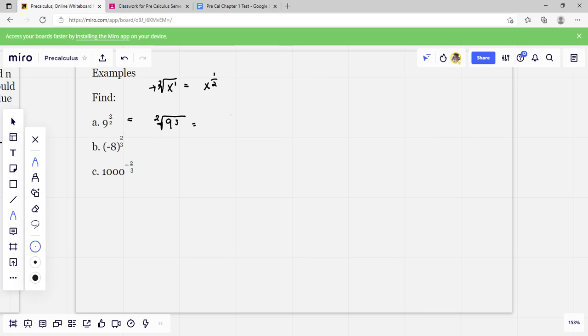If I multiplied this out, 9 to the 3rd is 9 times 9 times 9.